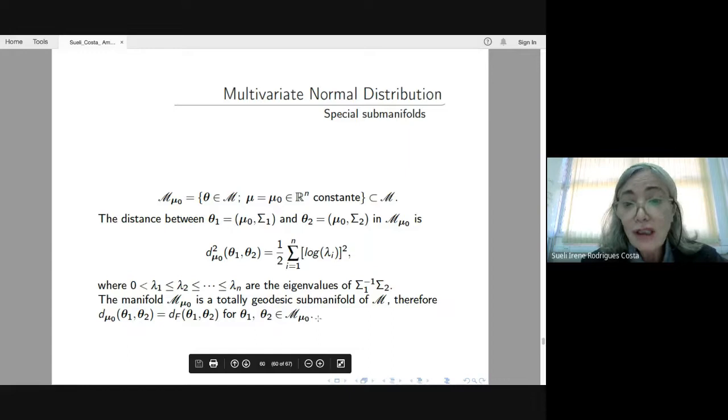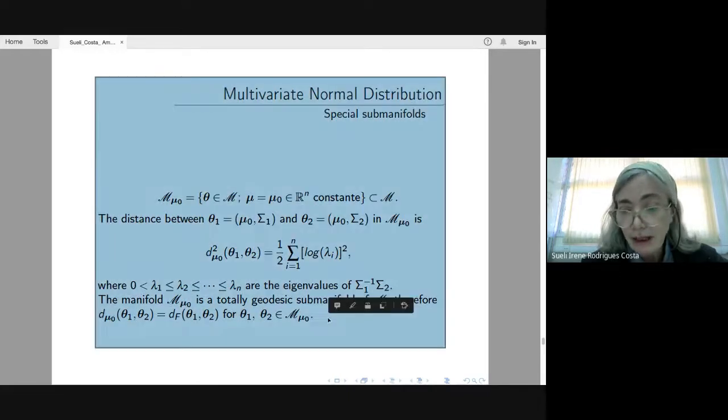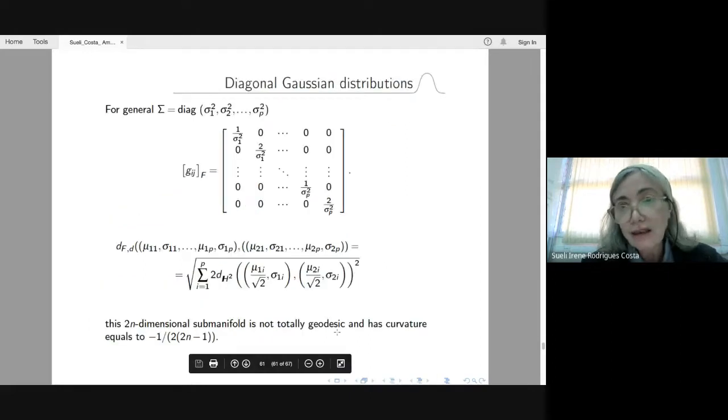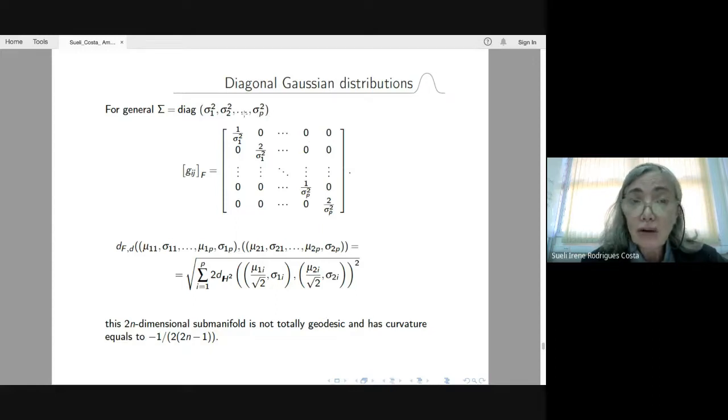This manifold is a totally geodesic submanifold, so we can say that even in the big manifold, the distance will be the same, right? Another submanifold where we can calculate the distance is when you consider the matrix in the diagonal form, right?